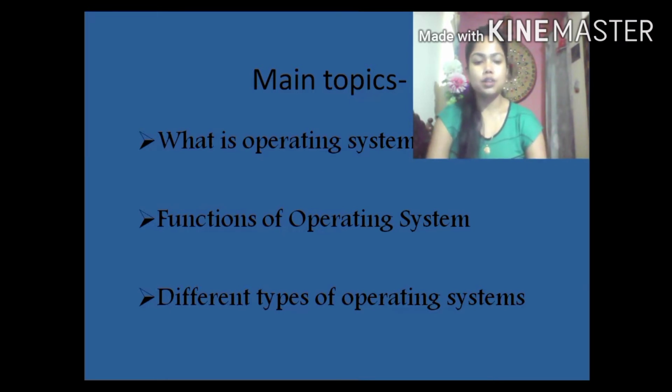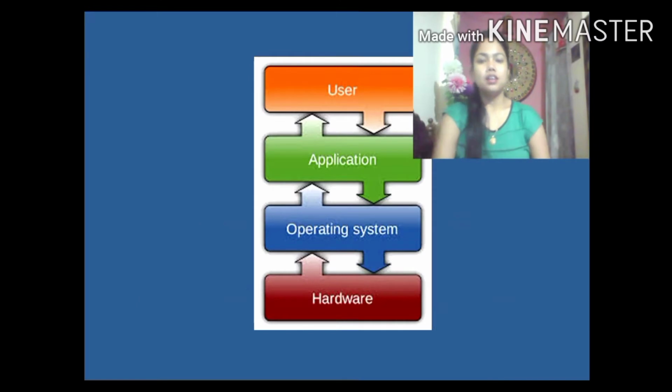Fine. So let's start. Students, please have a look at the picture given. In the picture you can see that there are 4 labels, and on the top you will find the user, and at the last you will find the hardware. By looking at the diagram, we come to know that the user cannot directly communicate with the hardware. Why?